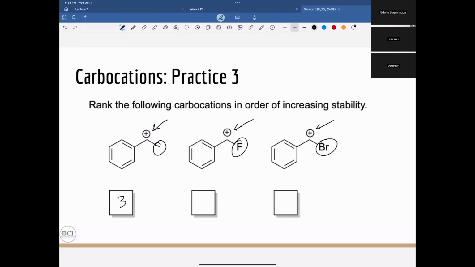So fluorine is an electron withdrawing group because it wants electrons to fulfill the octet. Since fluorine is more electronegative, it's a stronger electron withdrawing group, meaning it's going to destabilize the carbocation even more. So we would rank it 3, 2, 1, like this.